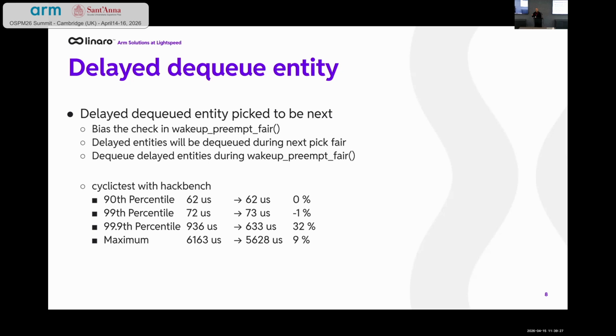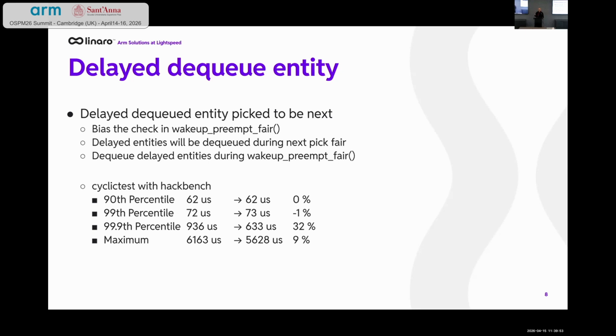When we go in the pick EEVDF case, we have some delayed DQ task. By default, delayed DQ tasks have a deadline that has been set for a while. So the deadline of this delayed DQ is often quite close to the average value, which means that a short task that will be placed can often have a deadline which is after the delayed DQ.